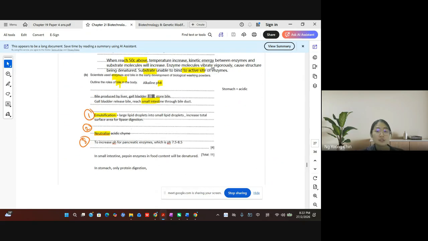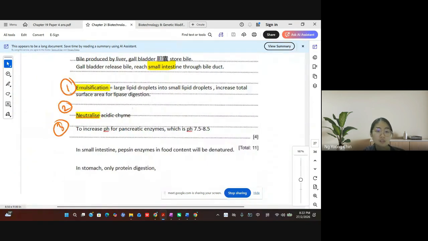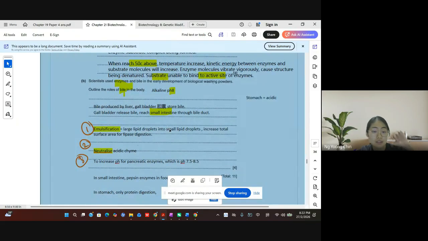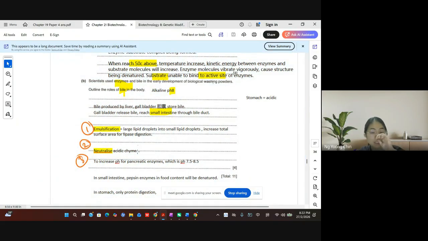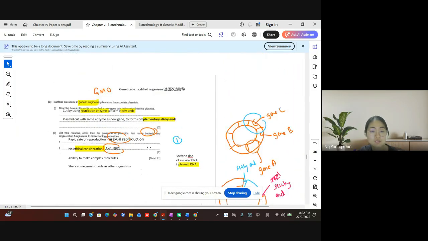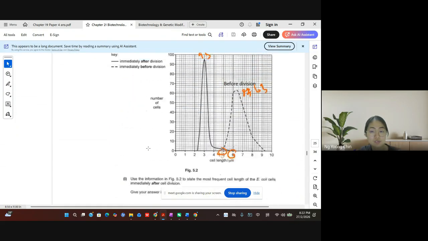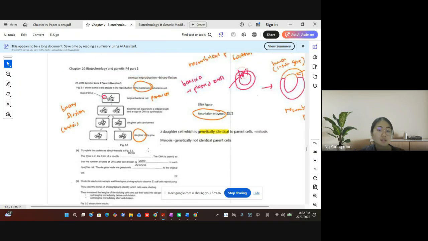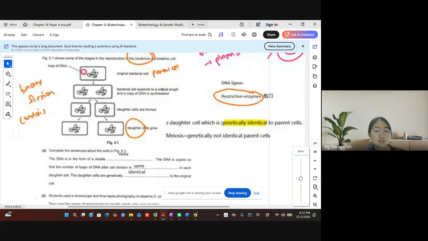See, this is the actual one. Outline the role of bile in the body. So this is the function: emulsification or neutralization.